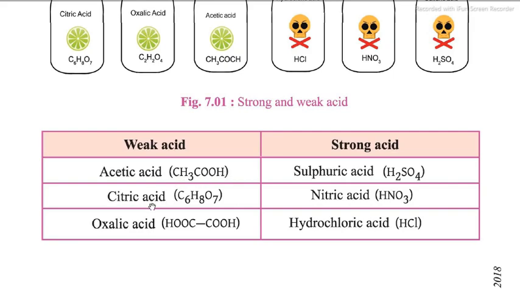Citric acid, whose chemical formula is C6H8O7. Oxalic acid, whose chemical formula is HCCOH.